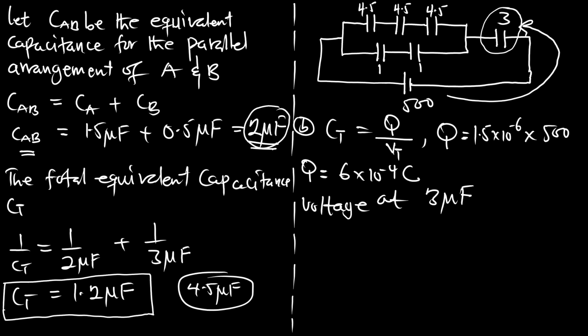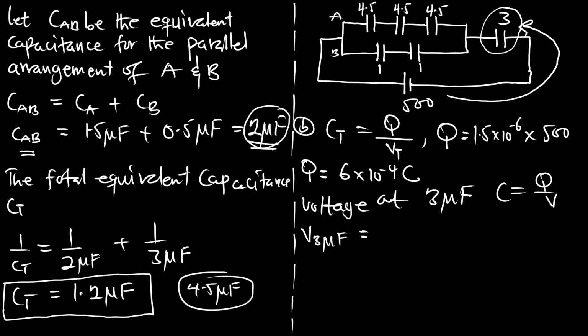That is going to be from the same equation, C is equal to Q over V. Then our voltage across the 3 microfarad capacitor, remember, all the charge is passing through the 3 microfarad because it is in series with the voltage source. It is at the A and B points where we are going to get a split of charge.